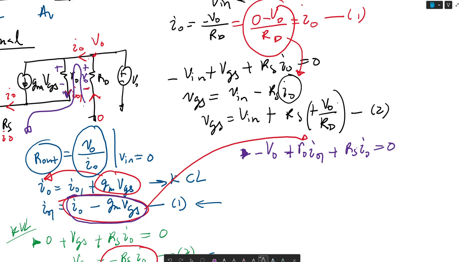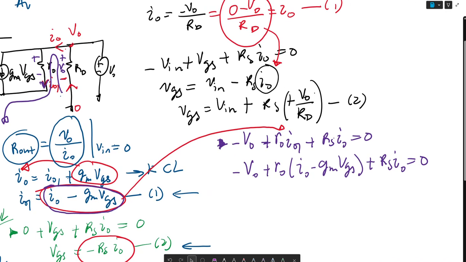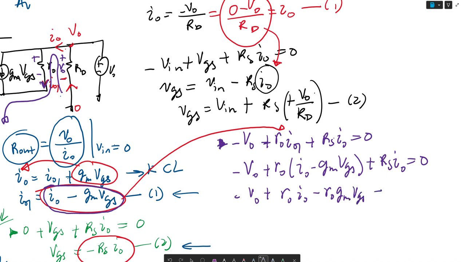And we consider this to be minus VO plus RO times (IO minus gm VGS) plus RS IO is equal to 0. Again, this is going to be minus VO plus RO IO minus RO gm VGS plus RS IO is equal to 0.